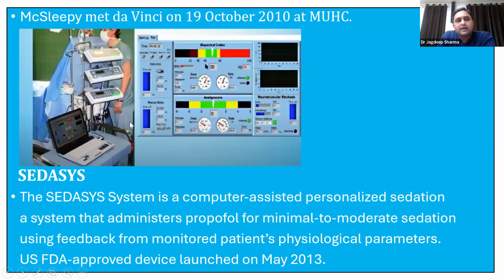And finally, Max Sleepy met Da Vinci on 19th October 2010, when the whole robotic surgery was done at Montreal General Hospital when the patient underwent prostatectomy. This is the interface showing your bispectral index, your Algo score, your neuromuscular blockade status, and the drugs being given in the form of bolus, maintenance, or induction.